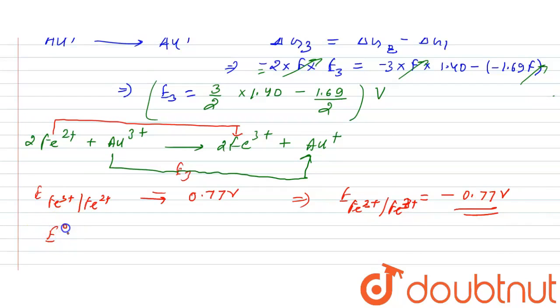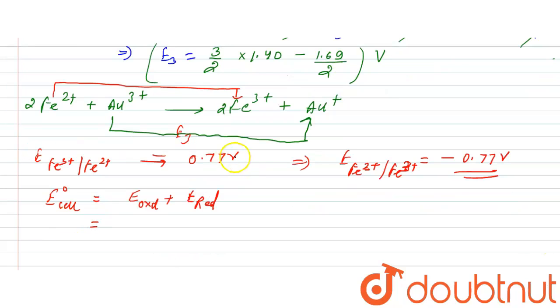So finally E naught, the standard potential of the cell, can be written as E of oxidation plus E of reduction, right? E of oxidation is minus 0.77. You can see here Fe2 plus is getting oxidized, so this is only E of oxidation, and E of reduction can be written as plus 3 by 2 into 1.40 minus 1.69 by 2, right?